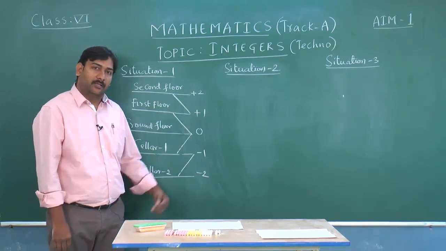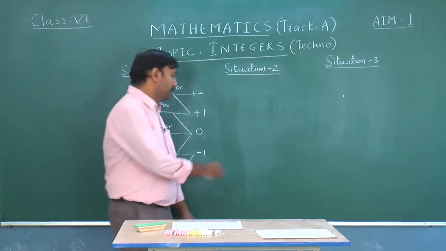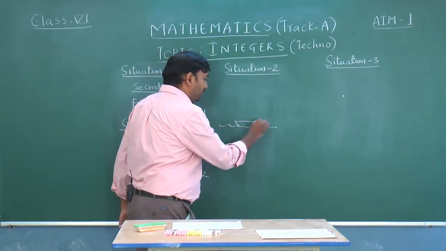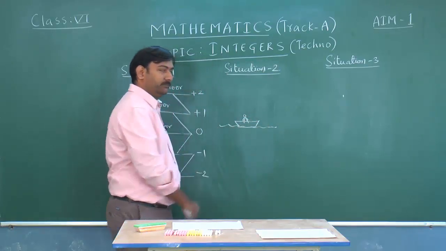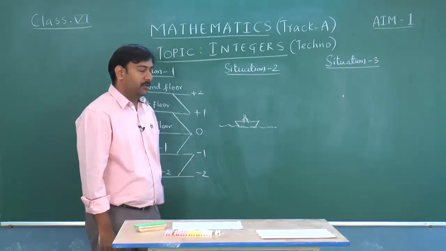Let us come across the second situation where we use negative numbers. Let's suppose a man is rowing a boat in still water.